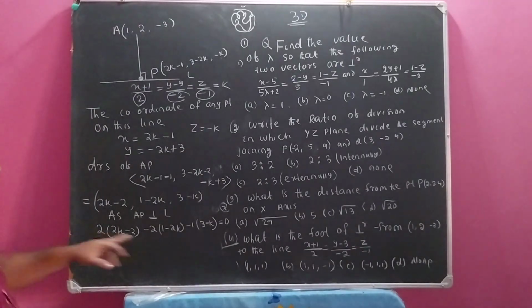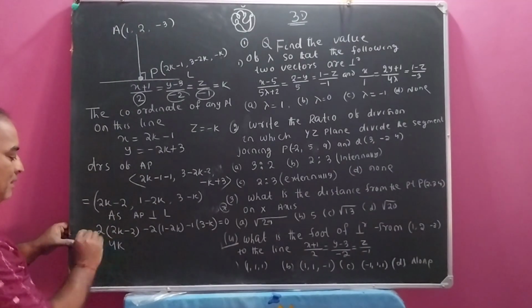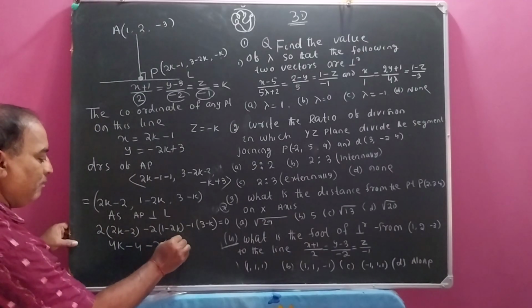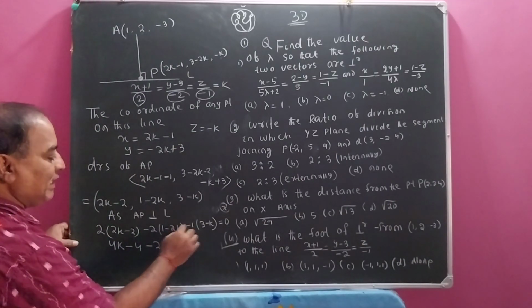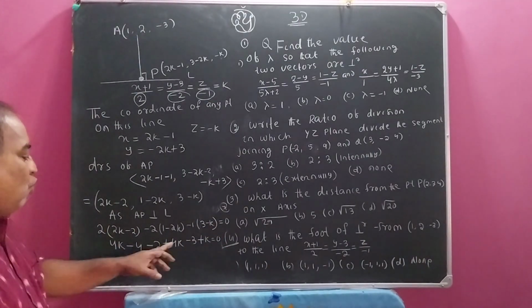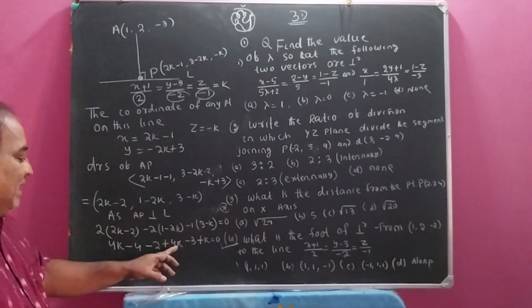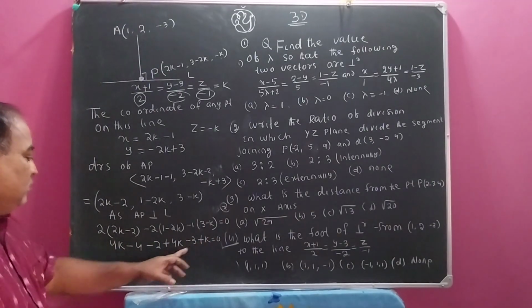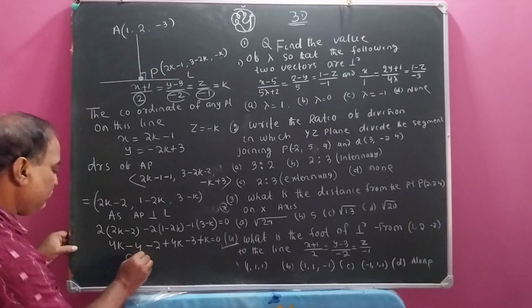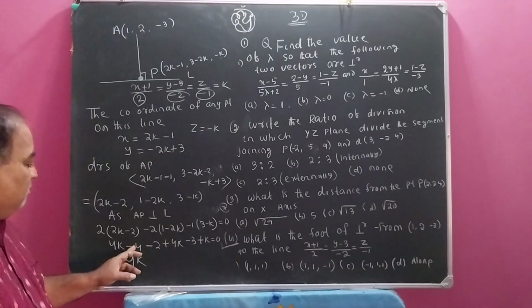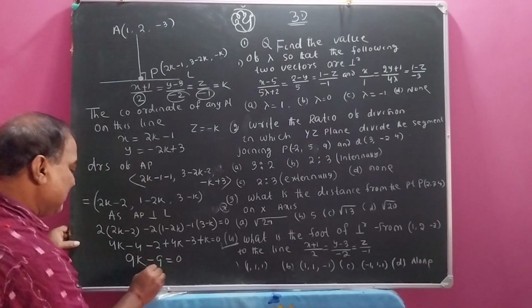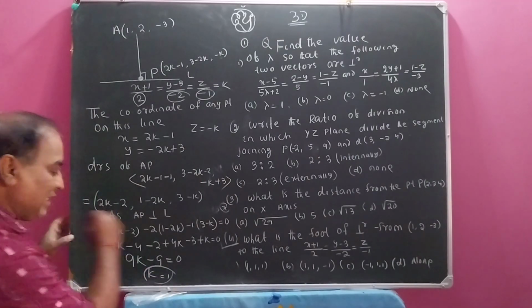Okay, so multiplying, 4k minus 4 minus 2 plus 4k minus 3 plus k is equal to 0. So 4k plus 4k, 8k, plus k, 9k. Here minus 4 minus 2 minus 3, that is minus 9. So k is coming out 1.